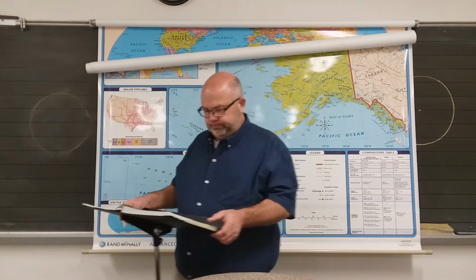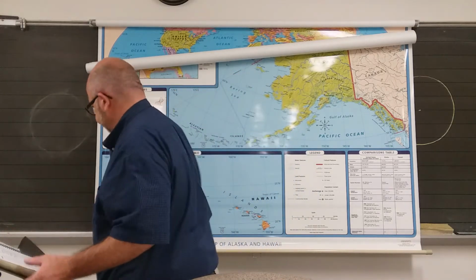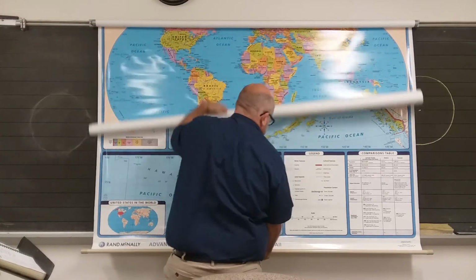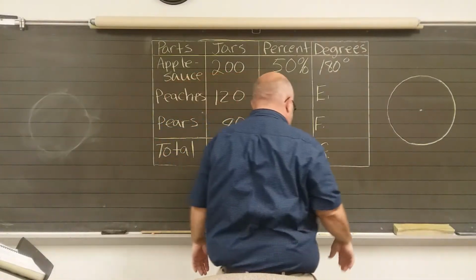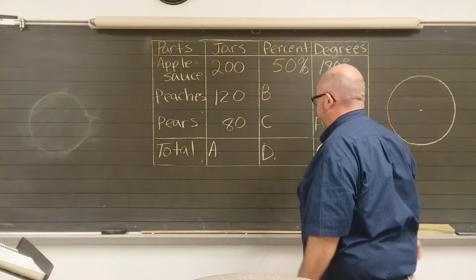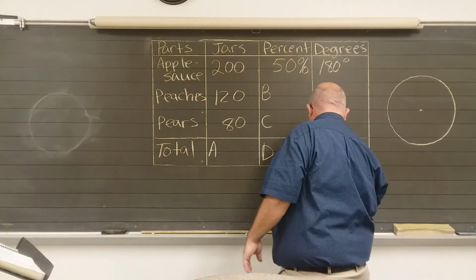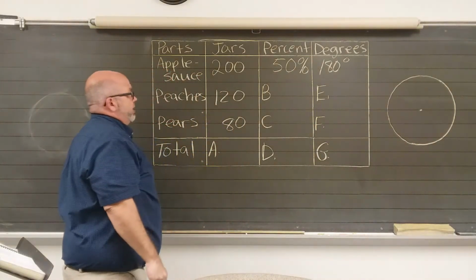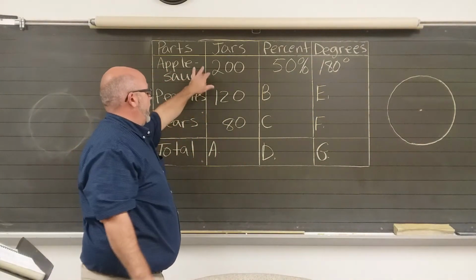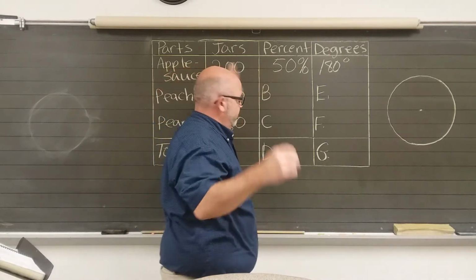All right, let's make a circle graph, and this is how you do it. First of all, we need to fill in your chart. Now you will notice that this has 3 columns, but that doesn't matter.